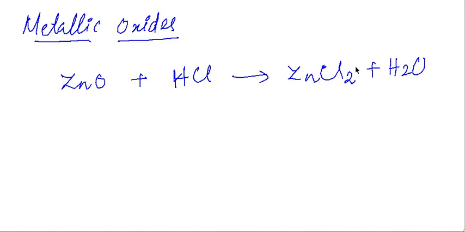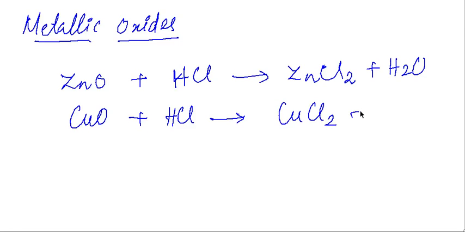So that's why we can conclude that copper oxide plus HCl gives us copper chloride plus water. So we can say that salt and water are getting formed.